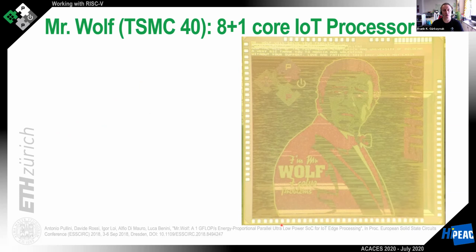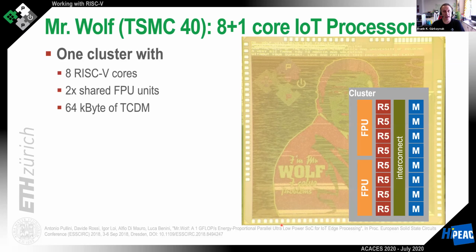Wolf, one of our more successful designs, and this one is the proper IoT processor, I would say. It was manufactured in TSMC 40. It is an 8+1 core IoT processor. So it has one cluster with 8 RISC-V cores. They also have an FPU, but instead of every core having a large fat FPU, 4 cores share one FPU.